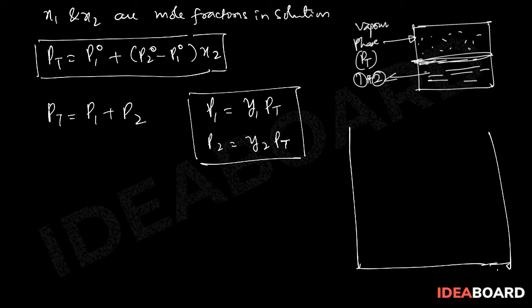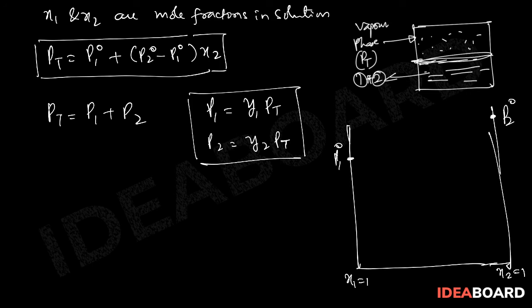So imagine this is a two-way graph, say x1 equal to 1 here and x2 equal to 1 here. So this is going to represent the vapor pressure of pure component 1 and this is going to represent the vapor pressure of pure component 2. So it is P2 naught and P1 naught. Now in this, imagine there is only x2.